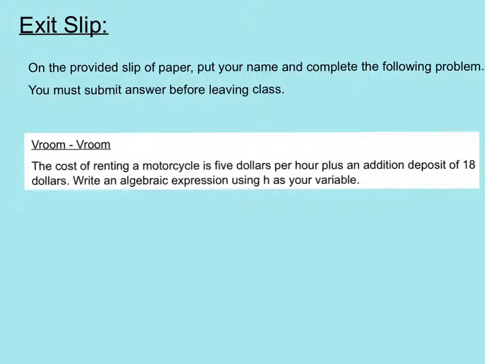And finally, we have an exit slip. And so in class, I'll provide you with paper, and you'd put your name on it, and you would solve the following problem. So it says, vroom vroom. The cost of renting a motorcycle is $5 per hour plus an additional deposit of $18.